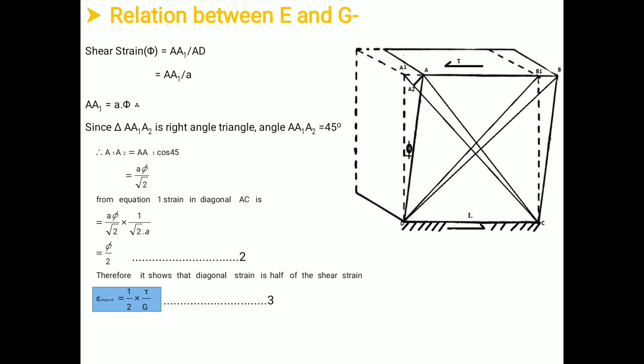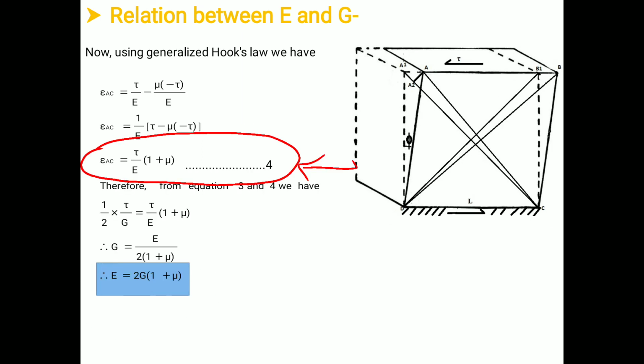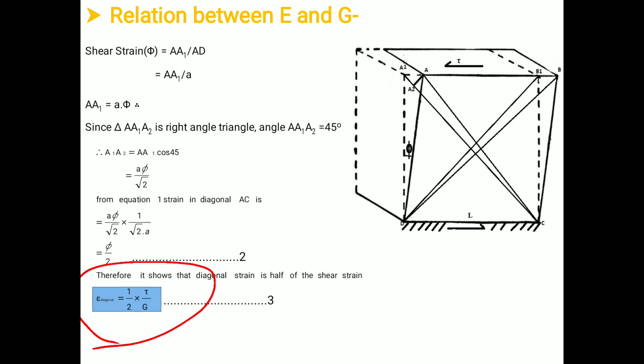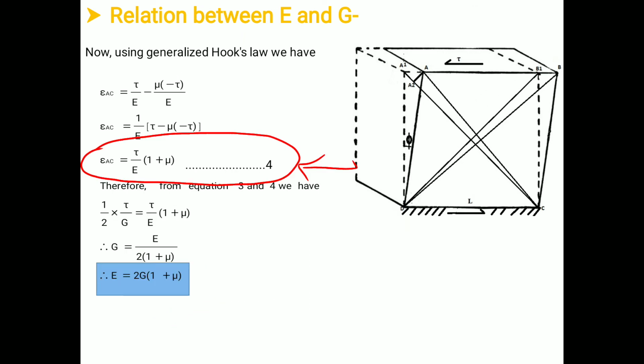In the previous slide, we have strain in AC equal to tau upon twice G, and from generalized Hooke's law, we have strain in AC equal to tau upon E into 1 plus mu. If I compare equation 3 and equation 4, we have 1 upon 2 into tau upon G equal to tau upon E into 1 plus mu.